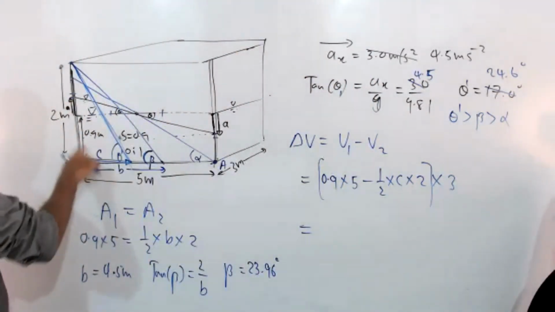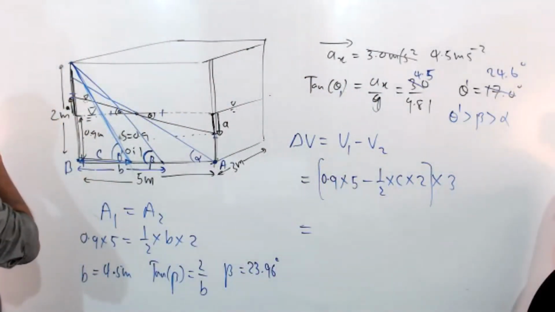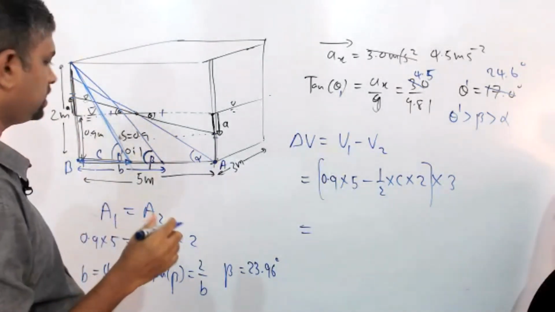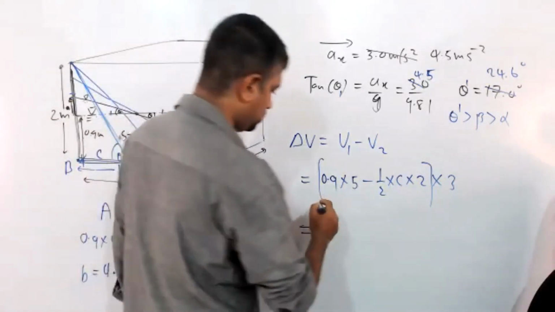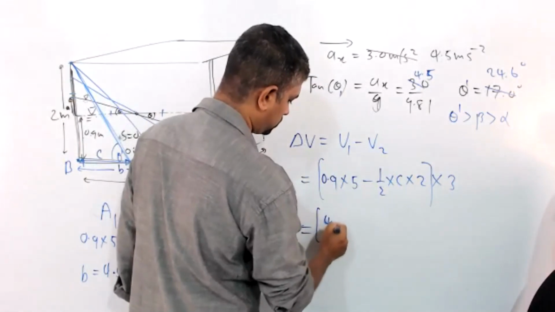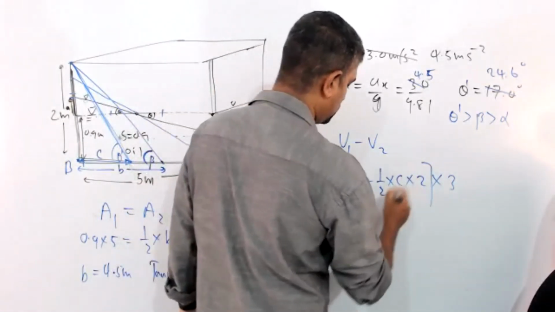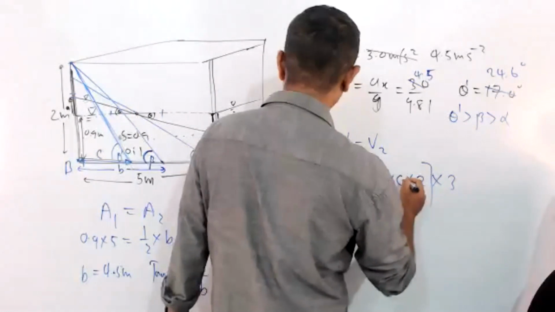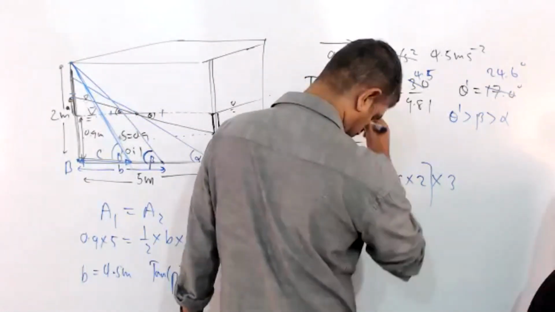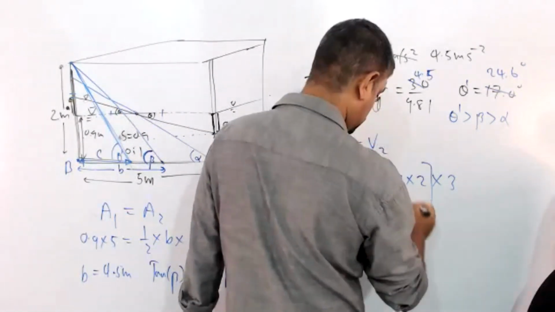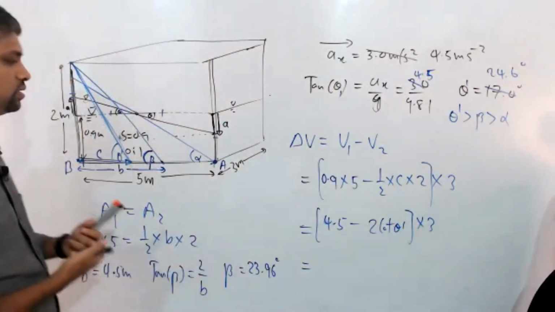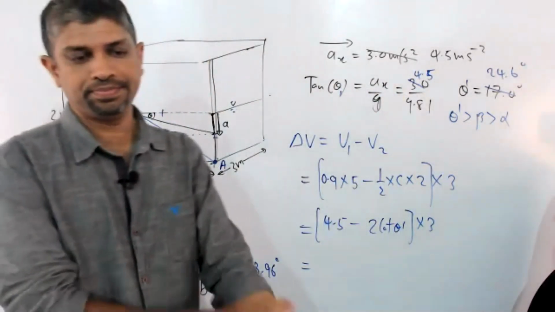We can find C. C is 2 cot theta dash, no? Cancel. C is 2 cot theta dash into 3. That way we can calculate the amount of spill.